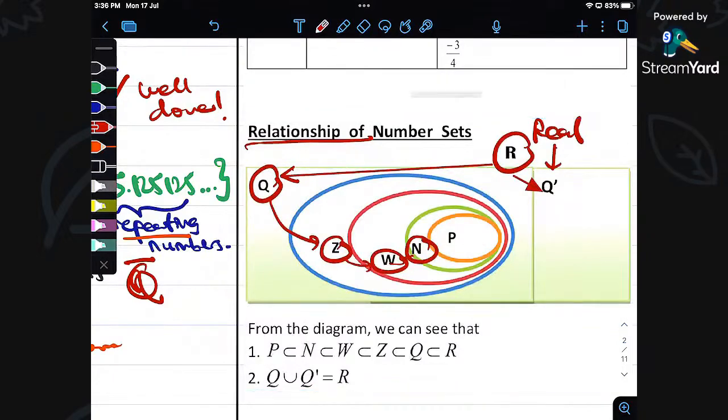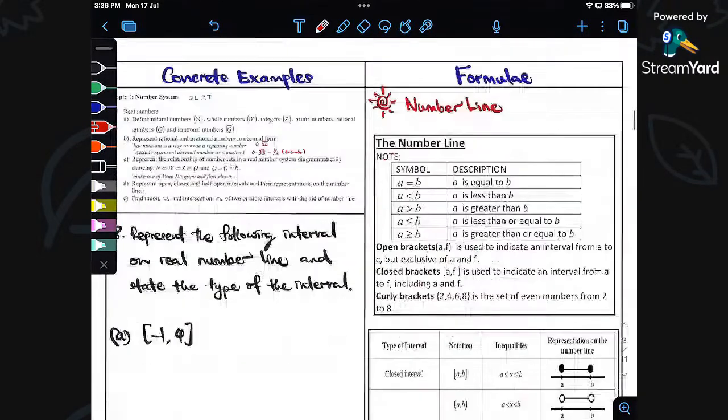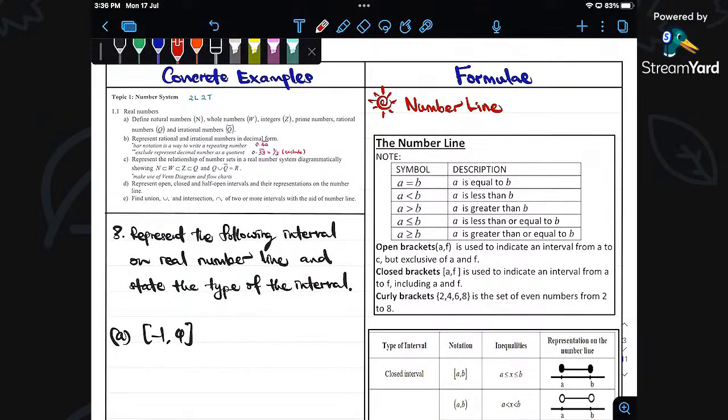Okay, so now let's continue to the next learning objective, which is we will learn about open, close, half open intervals and so on. So basically we will learn about number line lah. Kita akan belajar macam mana nak melukis number line.